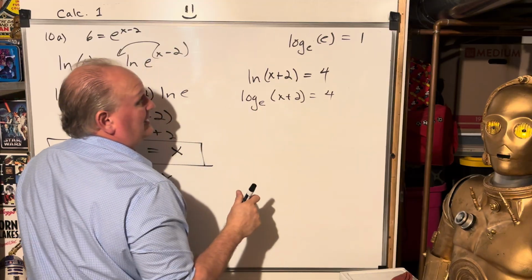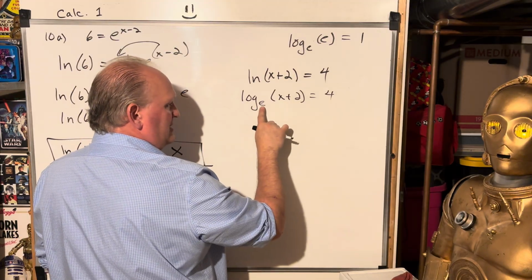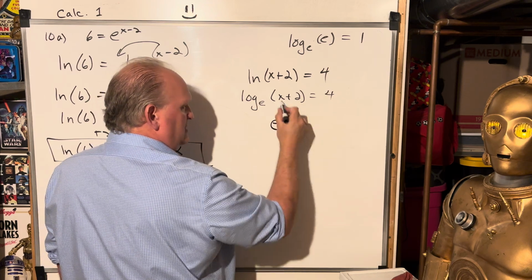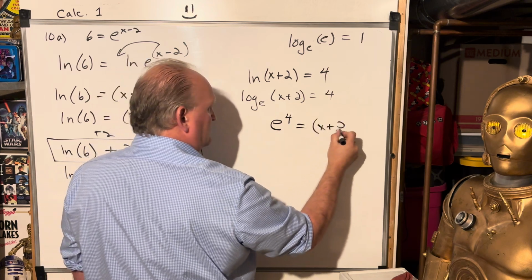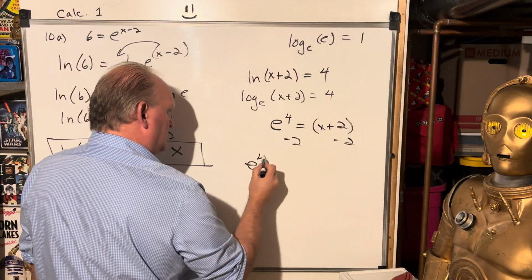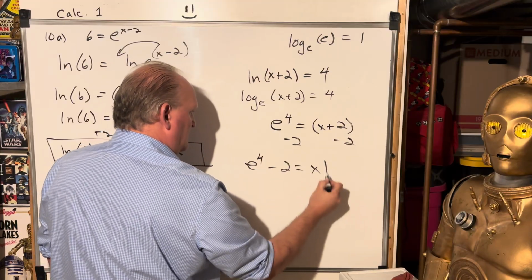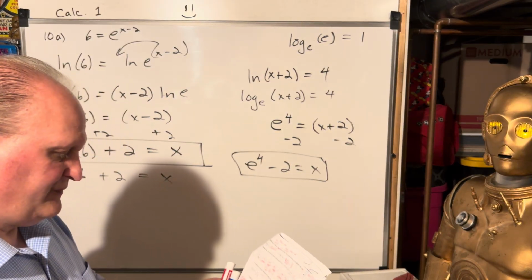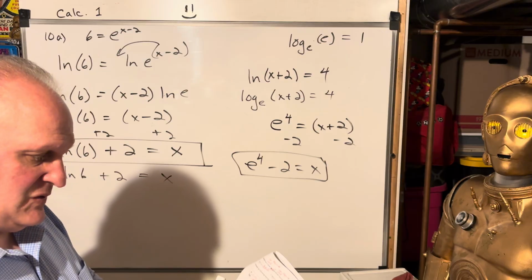You had to do this a lot in pre-calc. So e to the 4th power is equal to x plus 2. And then just move the 2 over. And so that's the easiest way to do that one.